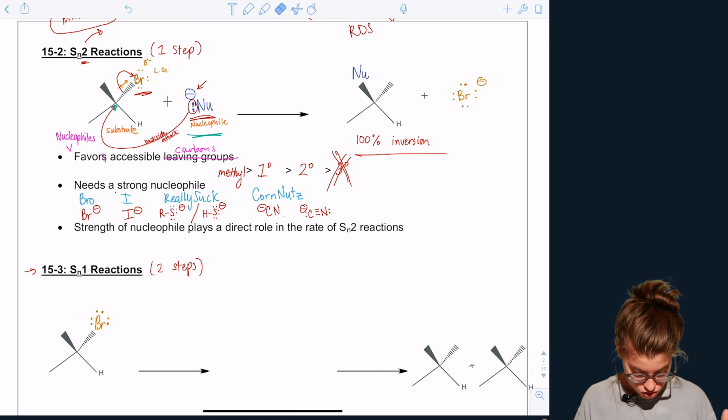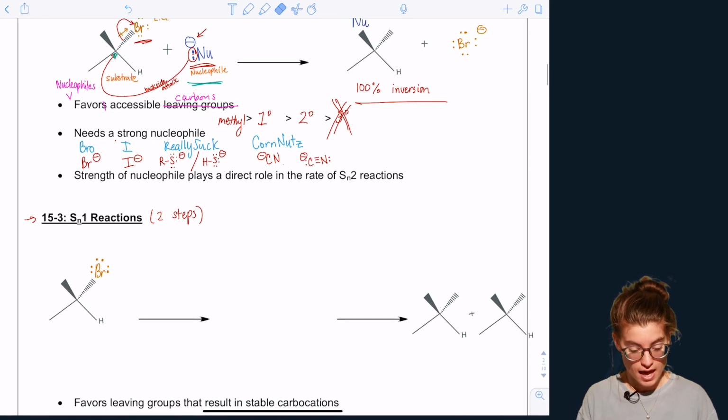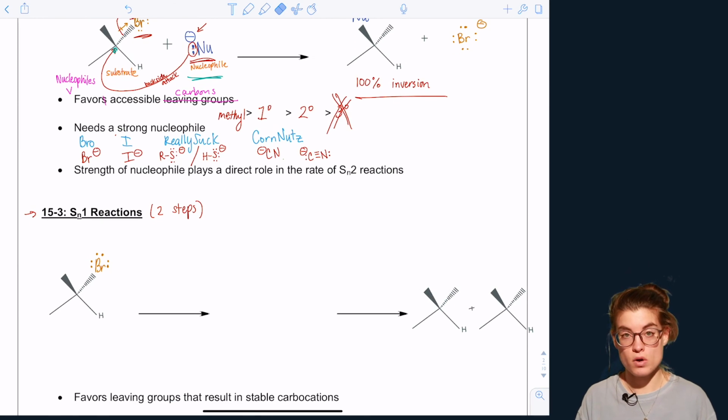All right, so you need a strong nucleophile, and the strength of the nucleophile plays a direct role in the rate of an SN2 reaction. Now, we're going to talk more about the rate of SN2 and SN1 later on. So we'll come back and talk more about rate later.